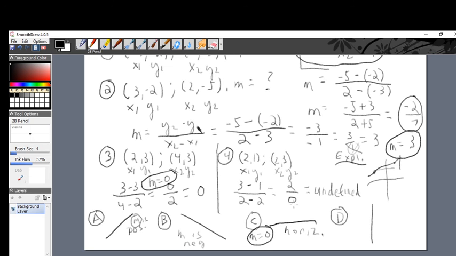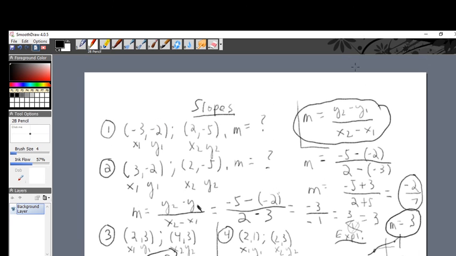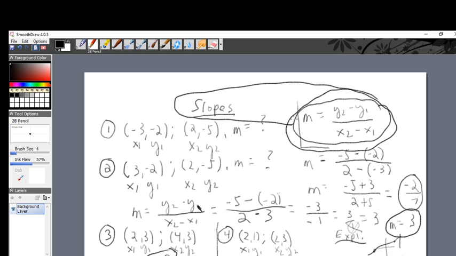There's no slope. It's not going up, it's just going across. And when m is undefined, that's when you have a vertical line. Those are the four types of lines, and that's how you deal with slopes. And it's extremely important to remember this formula. This is the formula for slopes. Okay, we end this video at this point.